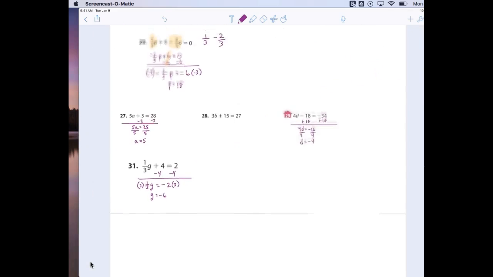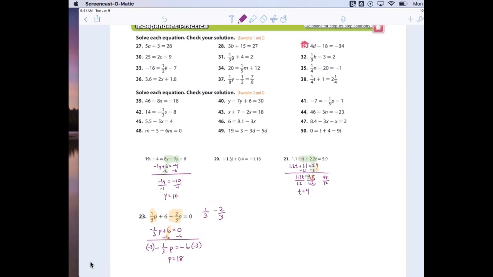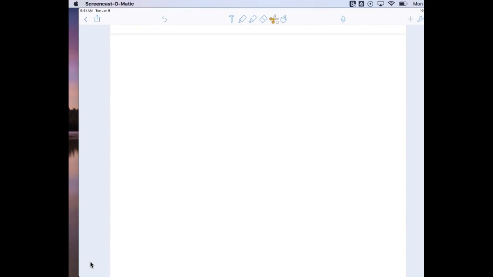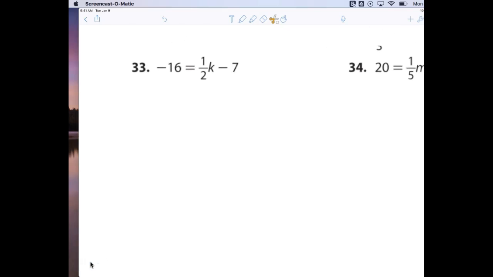All right. 33. Okay. What should I do? Coleman. Wait, hold up. Coleman's up. Oh, it's 1.5k minus 7 equals 6.